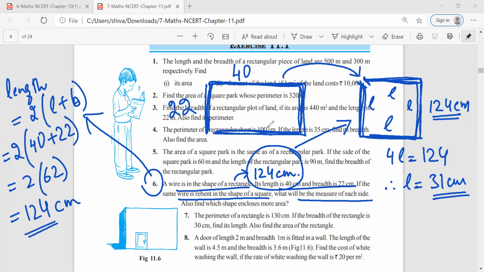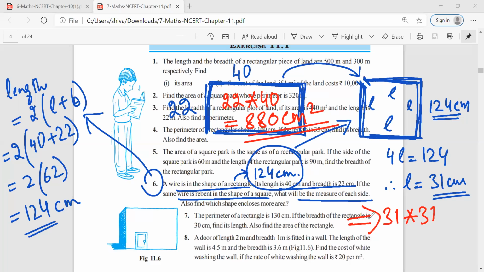So, you also need to find the area. The area of this would be 22 into 40, which would be equal to 880 centimeters square. And the area of this would be equal to 31 into 31.